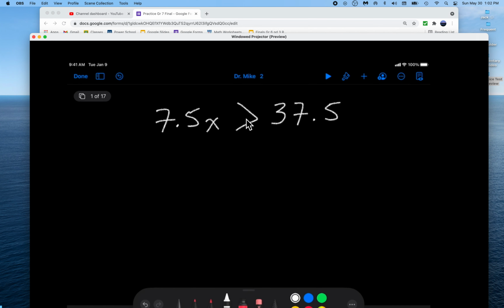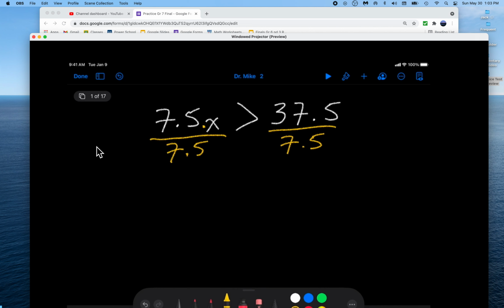So if there was an equal sign here, we have 7.5 times x. In order to get rid of this neighbor, we would divide by 7.5 to get our answer. We're going to do the same thing here.